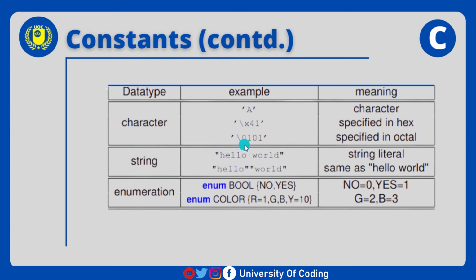If 0 is in front of the number, then that is octal. If x is in front of the number, then that is hexadecimal. Not only x, but you need to have this escape sequence. So remember, backslash x is hexadecimal, backslash 0 is octal. So these are the values of the character in hexadecimal and octal.